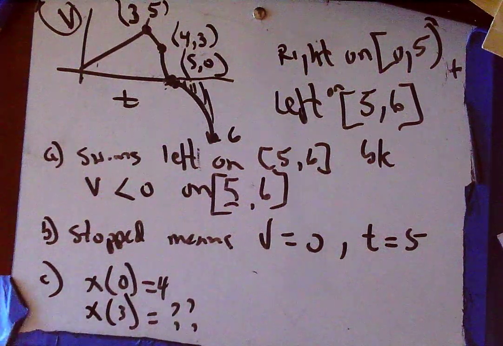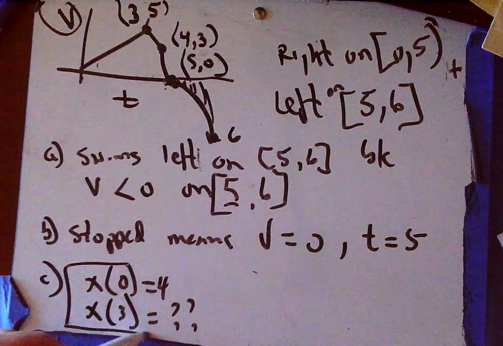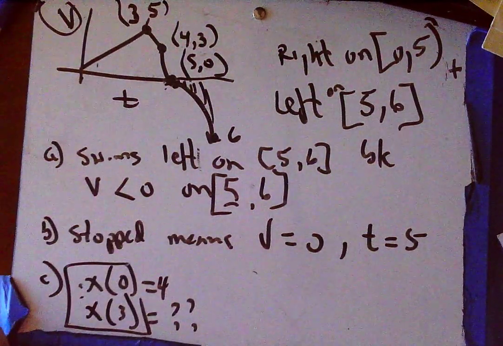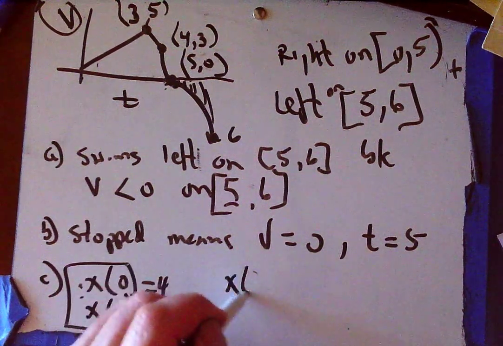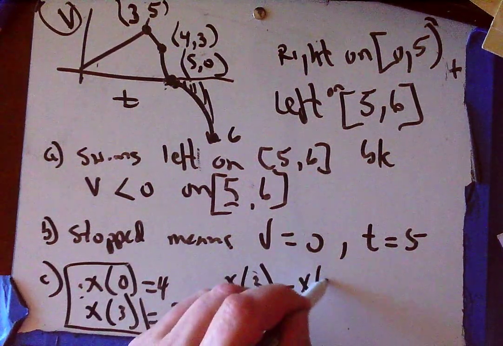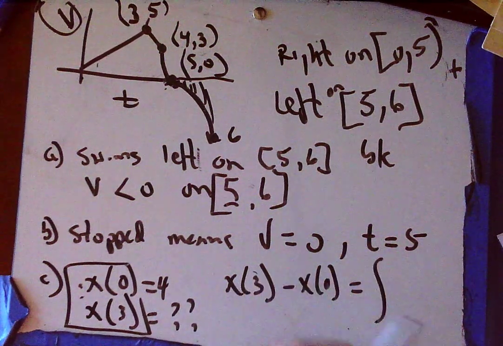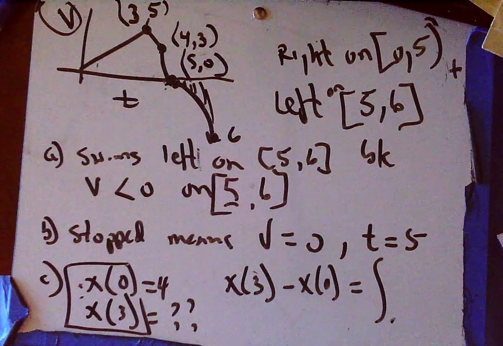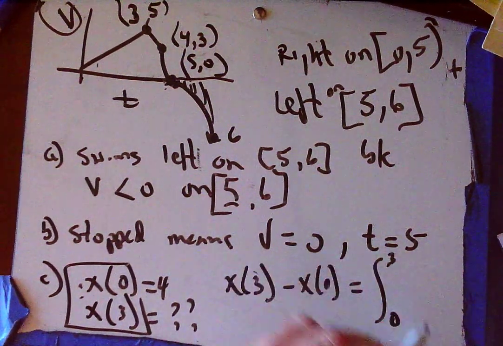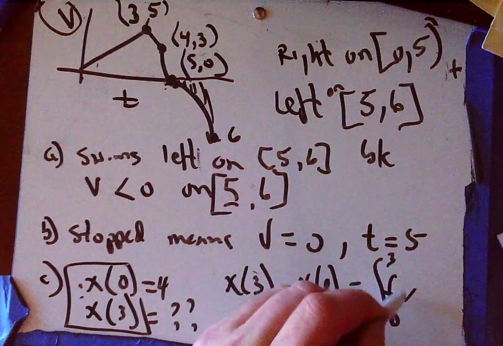So here's my recommendation. That's the antiderivative of that. So if I use my FTC2, I could say x of 3 minus x of 0 is the integral from 0 to 3 of f of x.